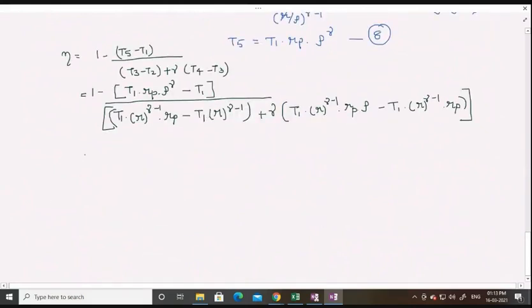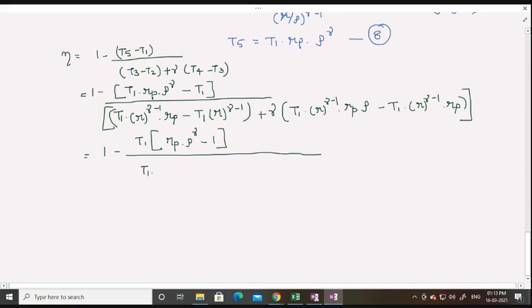So next step for the simplification, T1 is common here. You can take it commonly outside: 1 minus T1 into Rp into rho power gamma minus 1. And in the denominator, in the first term, T1 into R power gamma minus 1 is common.